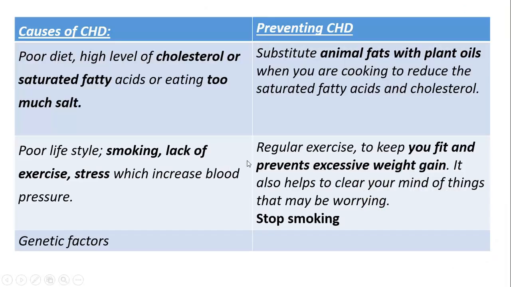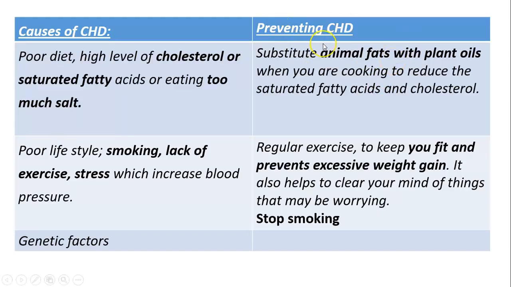So what are the reasons or causes and ways of prevention of CHD, or coronary heart disease? First, a poor diet that contains a lot of cholesterol and saturated fatty acids that can deposit on the walls of the coronary arteries, or eating too much salt, which will increase the blood pressure and cause stress on the heart.